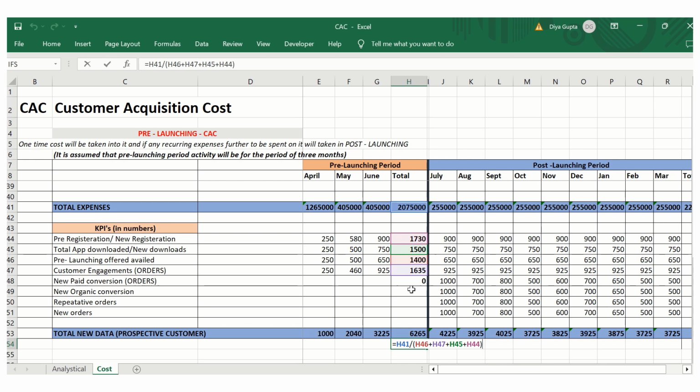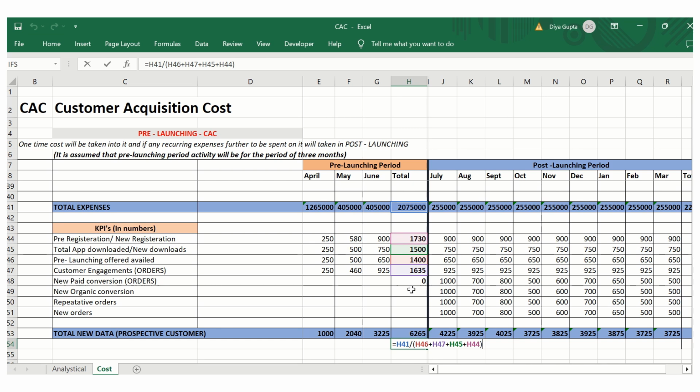Whatever we are spending, a customer might download your app, use your app, register himself in your app, and start booking or making a pre-order.